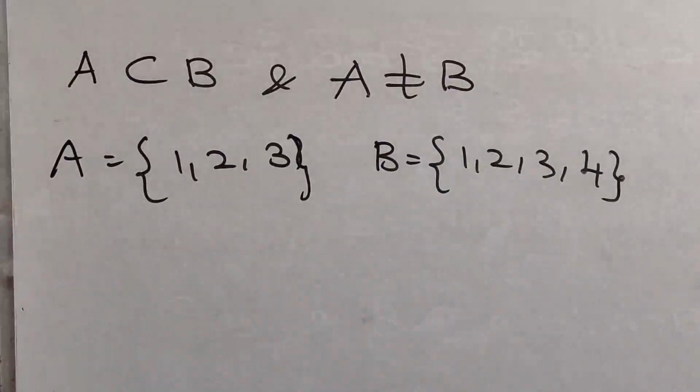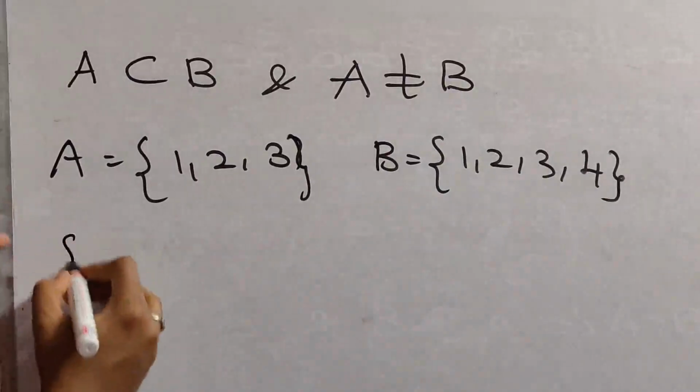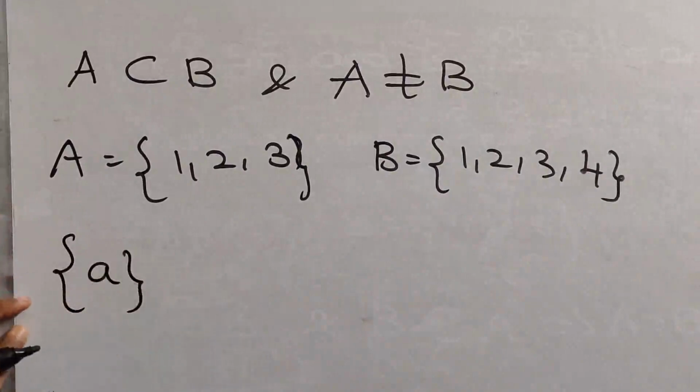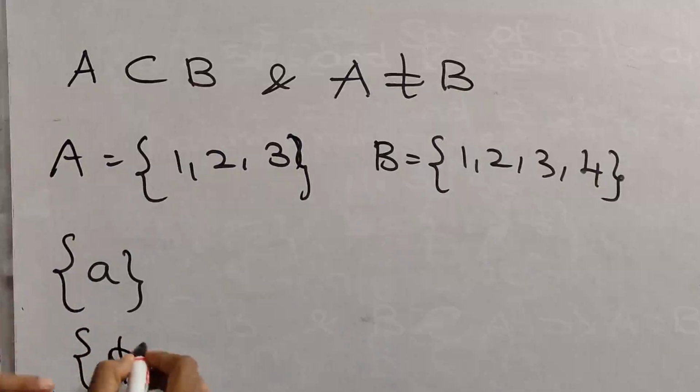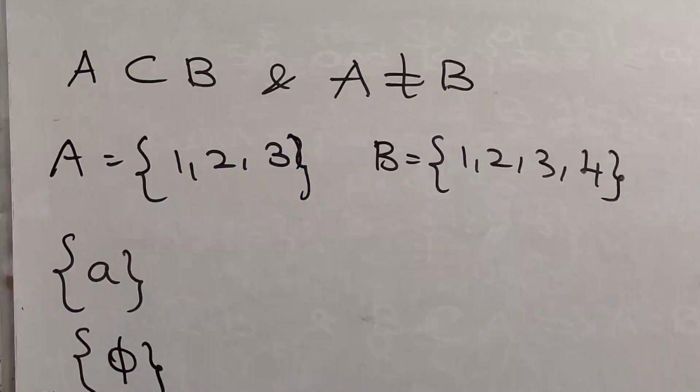Suppose a set has only one element. I told you we are not supposed to write the empty set like this, because it represents another set called a singleton set. Do you recall that one? That set we are going to see.